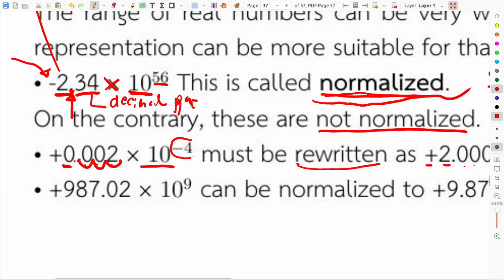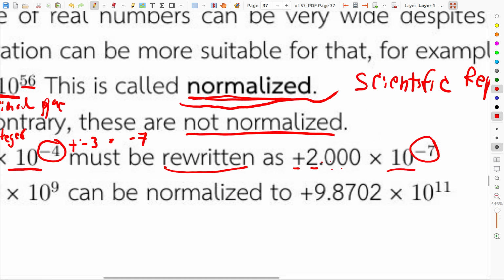So minus 4 plus minus 3, that's minus 7. It's shifted to make this number an integer part, no longer a decimal part. So 2.00 times 10 to the minus 7. Now it is normalized.